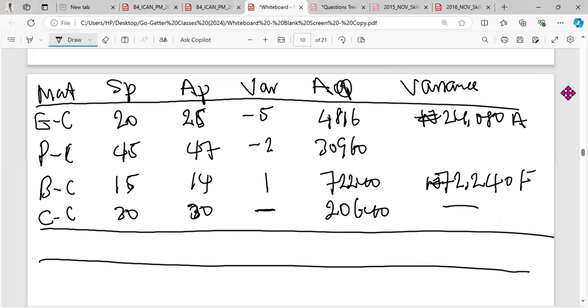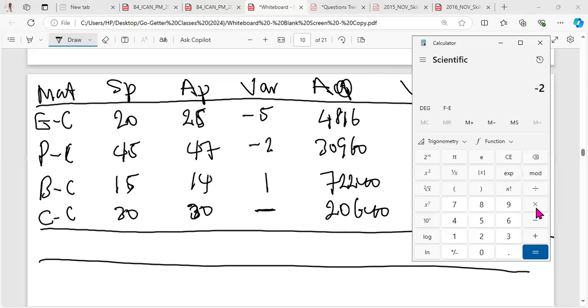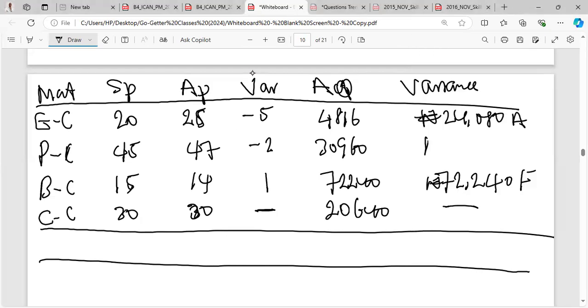And let's look at the second one: -2 multiplied by 3960 will give me 61,920, and that's adverse.